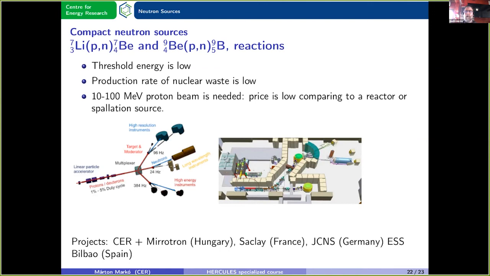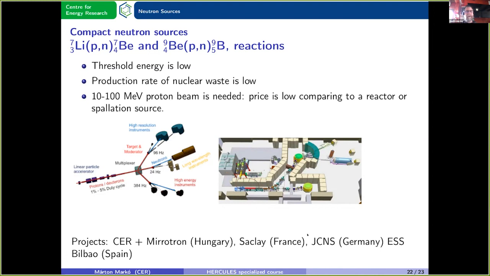So they are not high intensity sources, much less intensive than a reactor or a spallation source. So a smaller compact neutron source can be built in the future at different universities, and they can go to their own source and make preliminary measurements on their own samples.